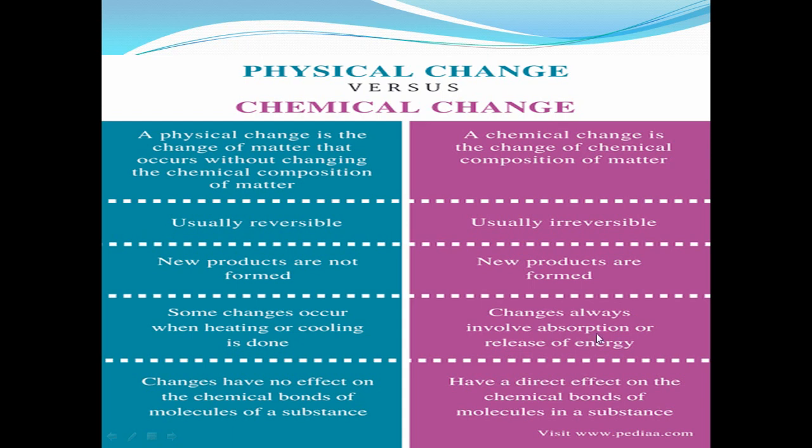For example, like the fire after burning always emits heat and sometimes light. What about here in the physical changes? Changes have no effect on the chemical bond, and we will take later what's meant by chemical bond. But here there is a direct effect on the chemical bonds.